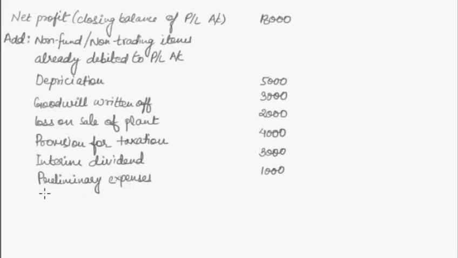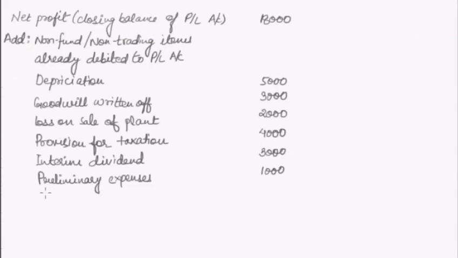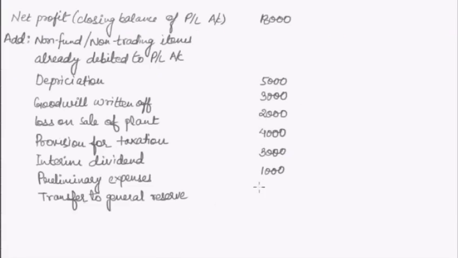So we'll add back preliminary expenses and the transfer to the general reserve. This is also not a part of operation. The amount was 7,000.